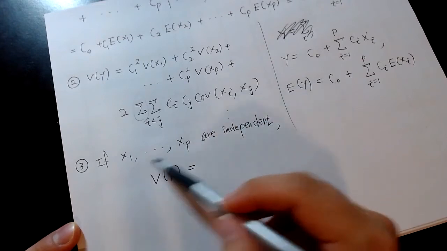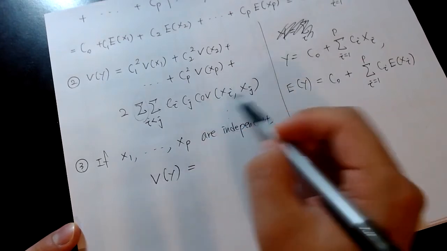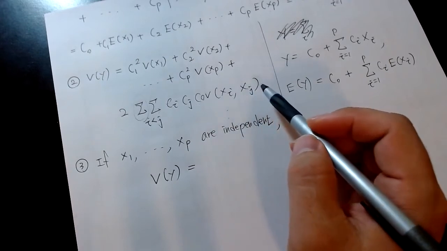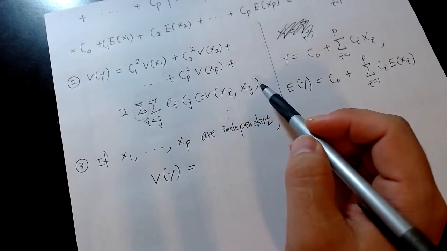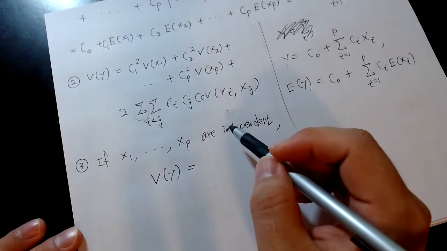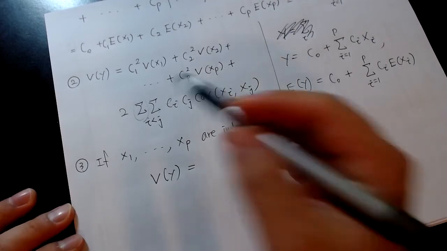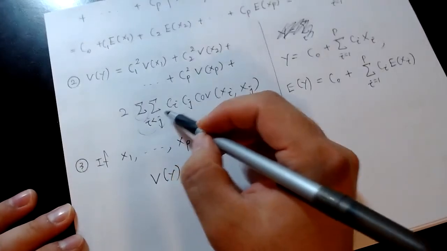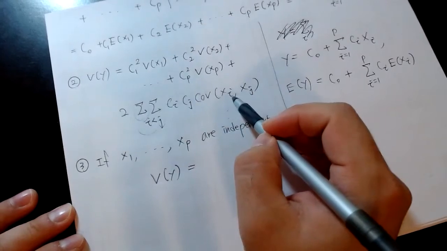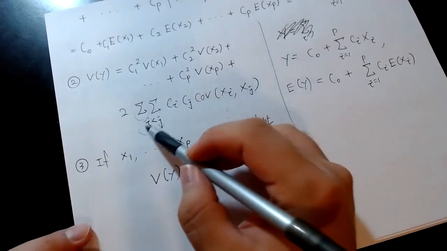Why? Because x1 through xp are independent, which means the covariance of xi, xj must be 0 for any choice of i and j except i equal to j. But we only add that term if i is less than j.